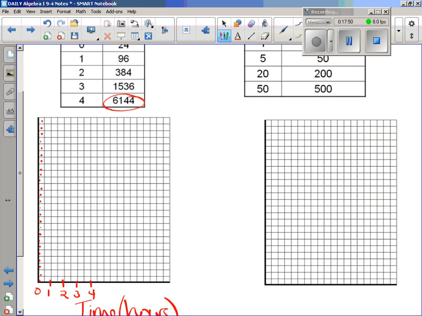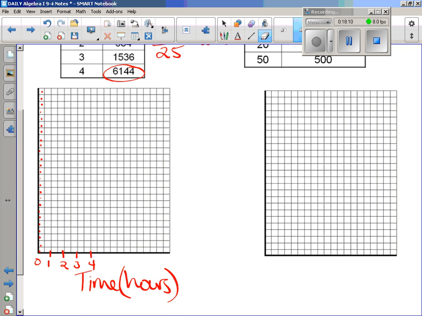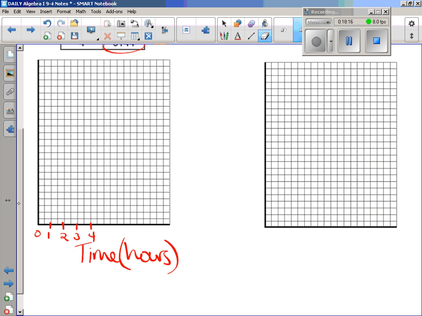I have 25 boxes. So I'm going to do 6,144 divided by 25. And I get 245. So I'm not going to go by 245s because that's going to be difficult to do that math in my head. I'm going to go by 250. So each box is going to represent 250.